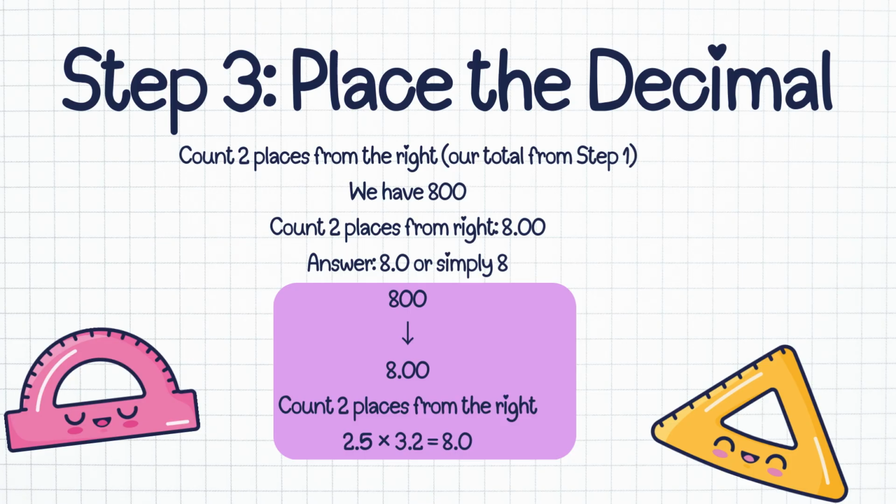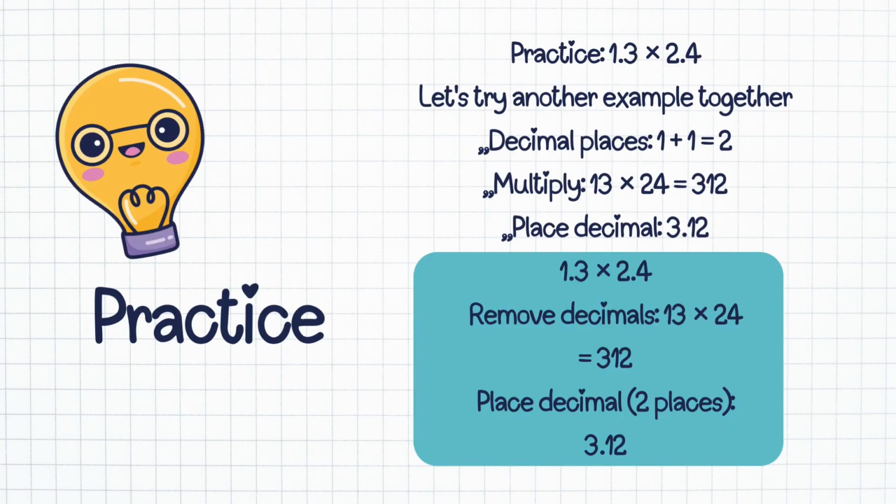You did it. Let's try one more to make sure you've got this down. 1.3 times 2.4. First, count those decimal places. 1 plus 1 equals 2 decimal places in our answer. Then remove the decimals. 13 times 24.